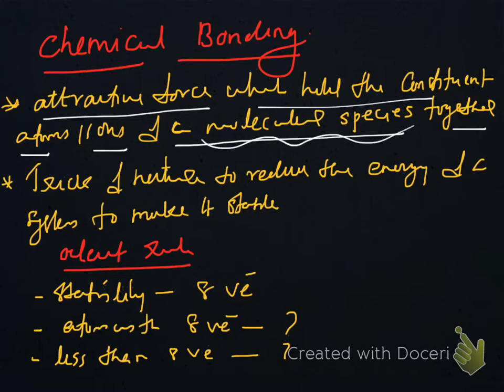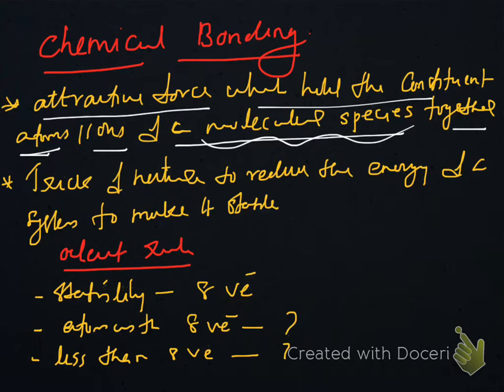Molecular species can be neutral or ionic. A neutral molecule contains a large number of atoms. The attractive force which holds these atoms together in that neutral molecule is called bonding in that molecule.